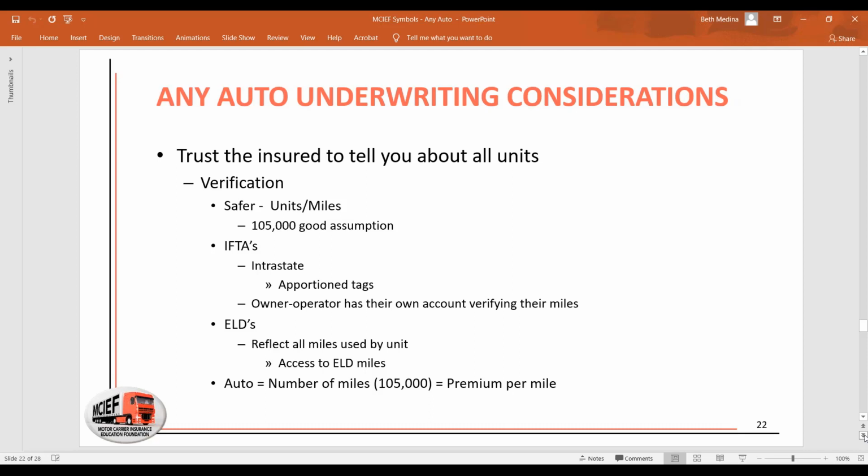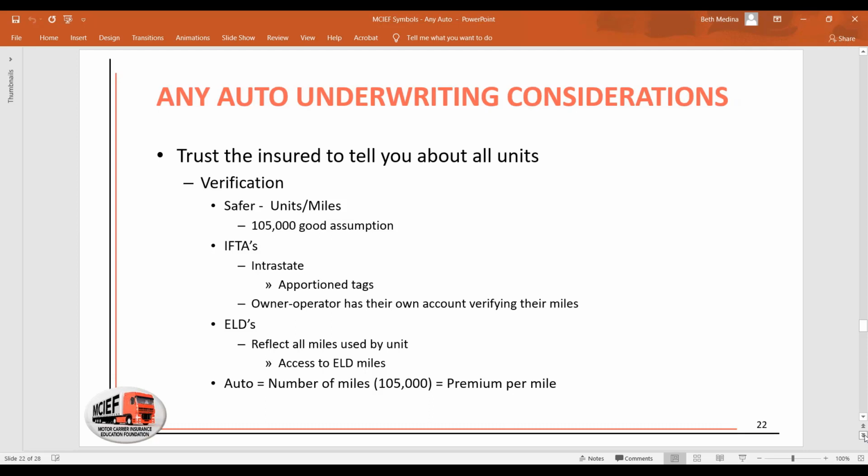You want to have access to that electronic log device mileage. This would give you better tracking of the miles the units operate than even the IFTA reports would, because it gives exact miles, all miles. Even with IFTA, sometimes they report from zip code miles, which could be different than the actual miles. So there is a new factor that we have to consider, the ELDs, which will give an underwriter or an insurance provider comfort that we are accounting for all the miles.